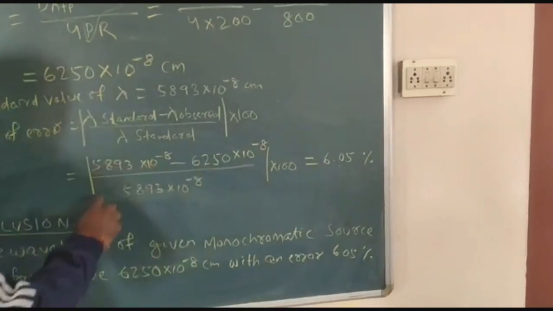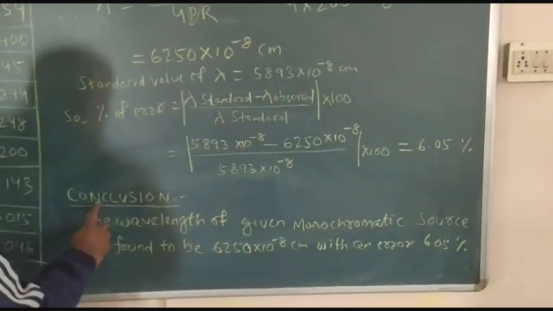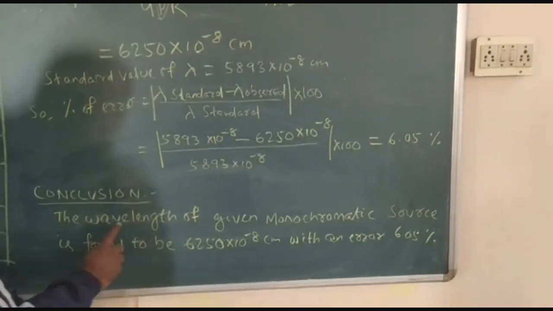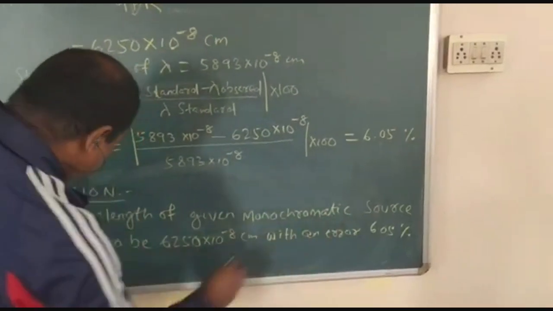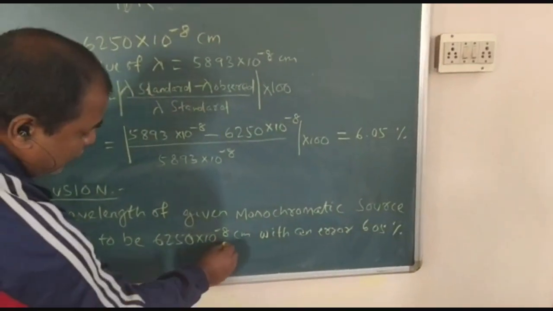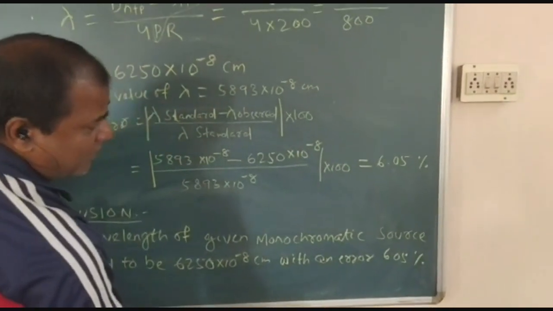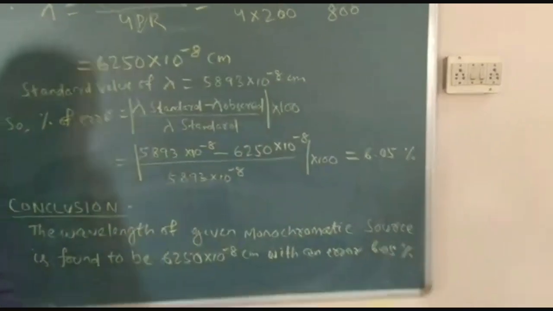Then take the mod of this into 100, which is 6.05 percent. And in conclusion, the wavelength of the given monochromatic source is found to be 6250 into 10 to the power minus 8 centimeter with an error of 6.05%. Okay, thank you.